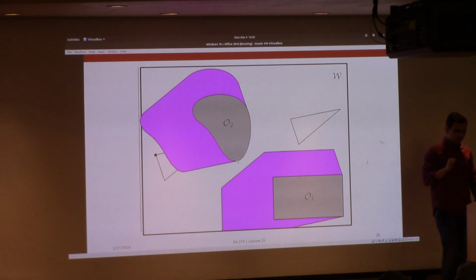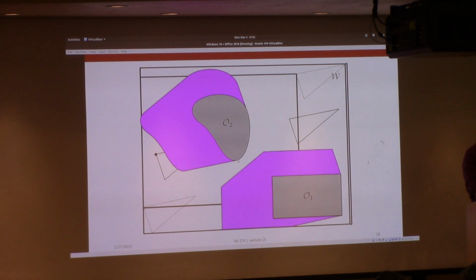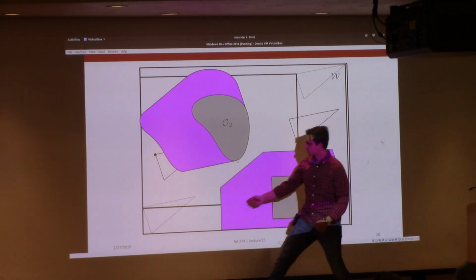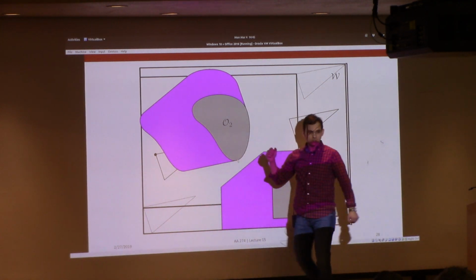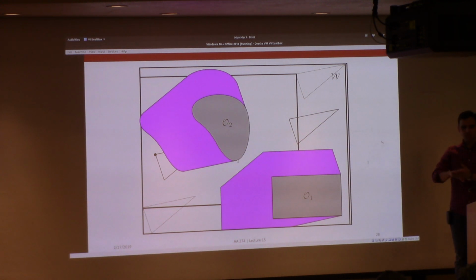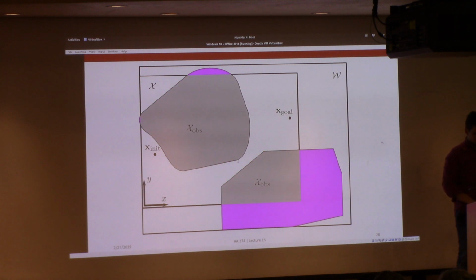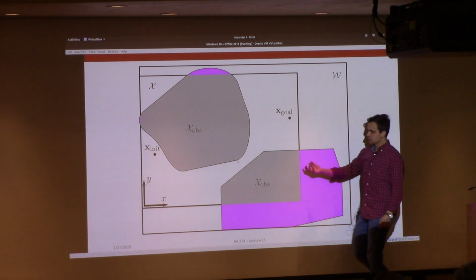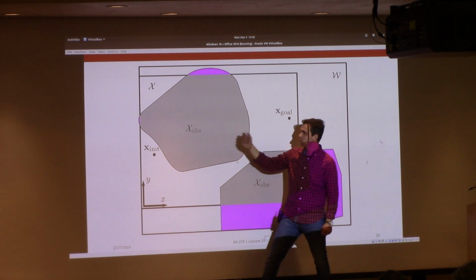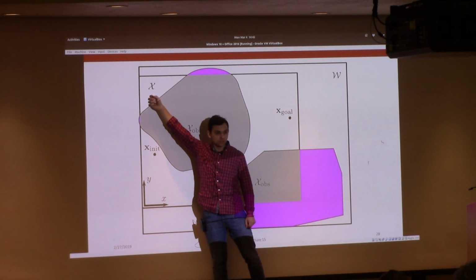Okay? So we do the same thing with the boundary of the workspace, which limits us to this rectangular region, which is then overlaid with the forbidden regions that we computed earlier. And this induces this free configuration space, which is the white region here and this white portion here.